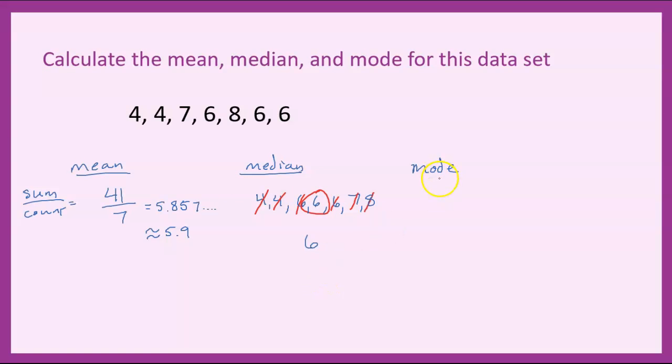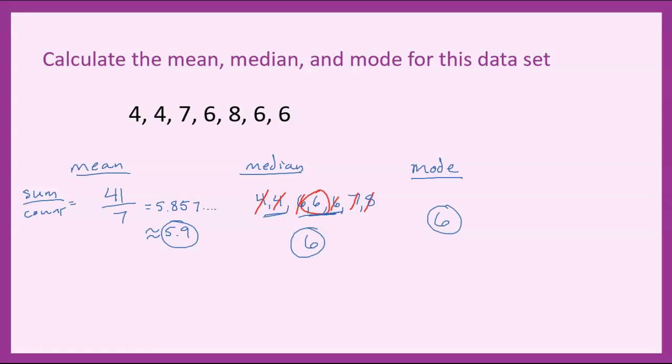And then mode is pretty easy to see once these are ordered. We can see we have 3 6s, 2 4s, and then 1 7 and 1 8. So 6 is also the mode. 5.9 is the mean, 6 is the median, and 6 is the mode. They are very close in this case, but they don't need to be. They can be very different numbers.